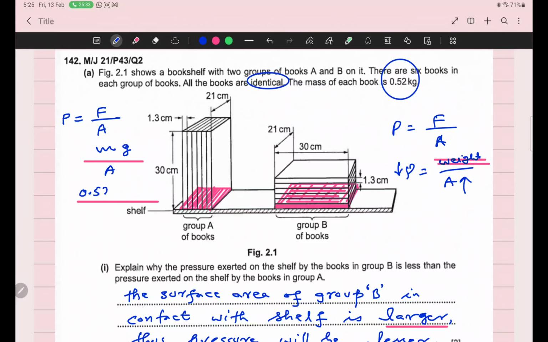But you know there are six books, so it should be multiplied with 6. So it will make the total mass. Gravity, you can write 9.8, you can write 10. And divided by area. What area should I write, Manur? What is the base area?